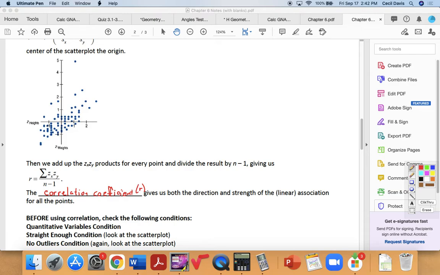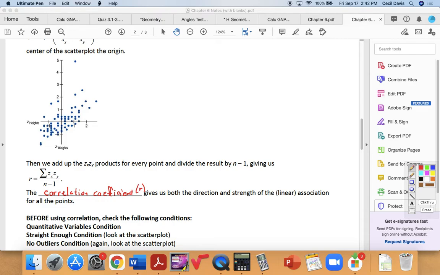It gives us both the direction, which is kind of nice. You can get the direction without even having to look at the plot, and the strength of the linear association. Now, if it's not nearly linear, if it's a U shape, this isn't going to tell you much. That's an important point.